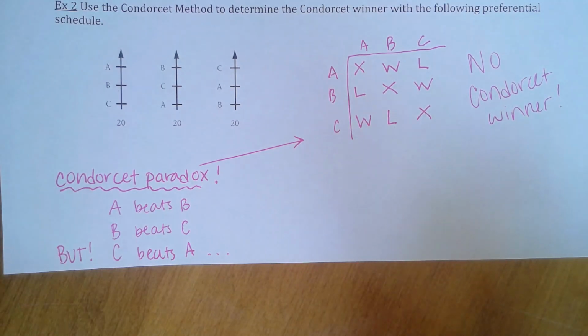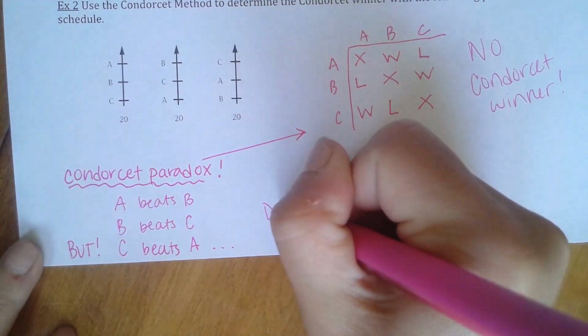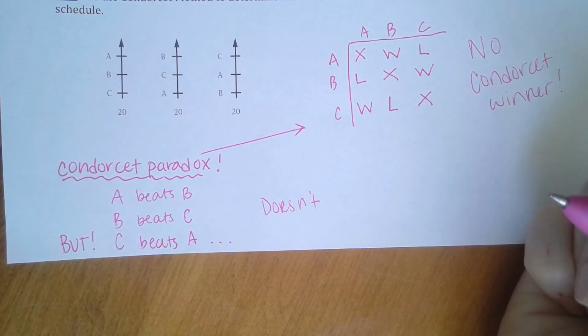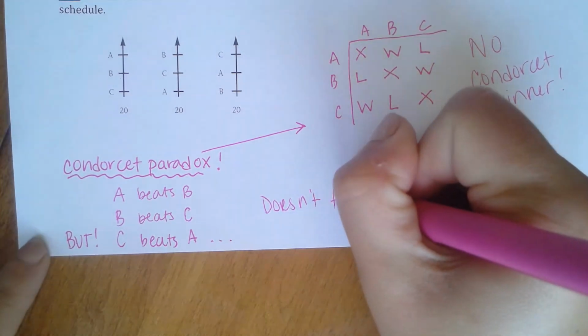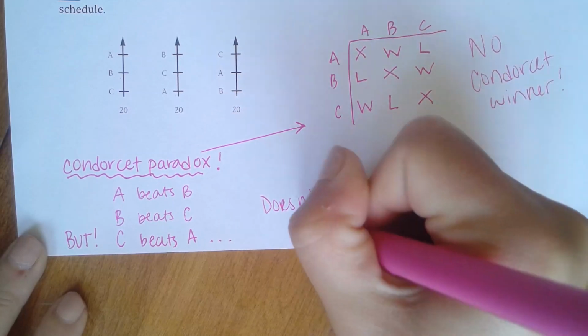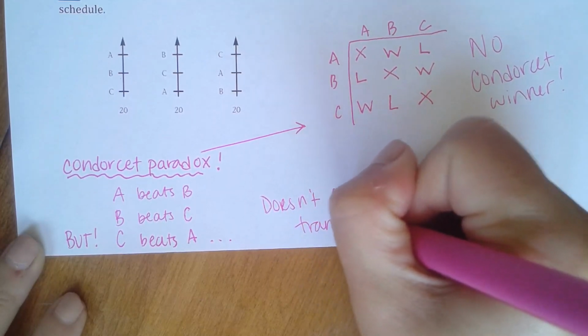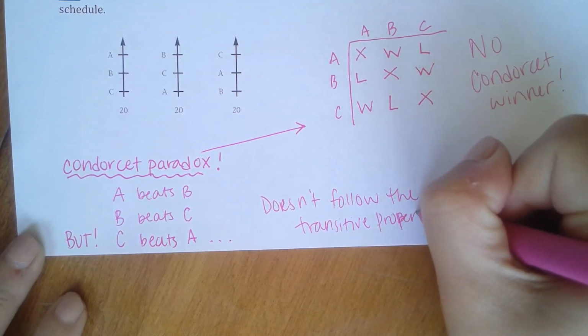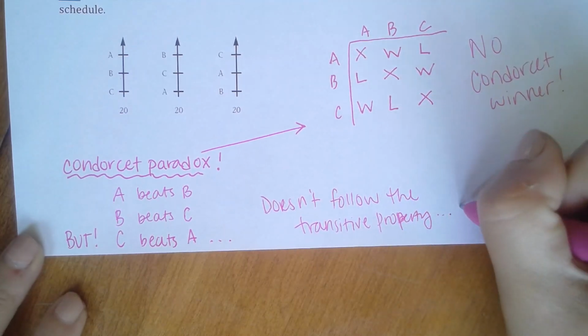It's contradictory. It doesn't follow, and you have to be a little careful. This doesn't follow what's called the transitive property, which means it's a paradox.